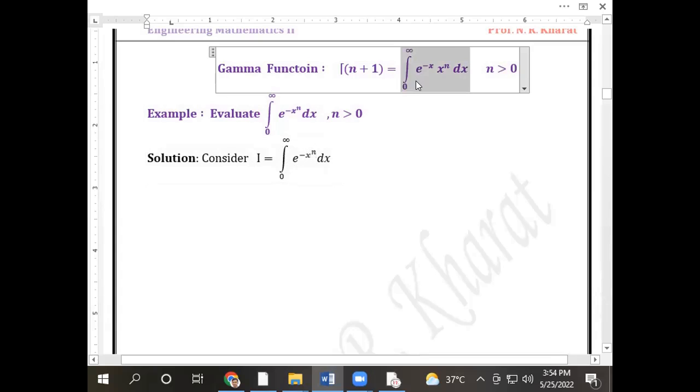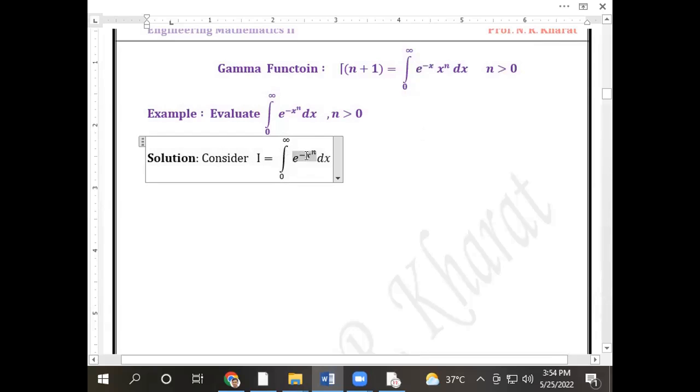In the gamma function, it is e raised to minus x. But in this example, the exponential function index is minus x raised to n.